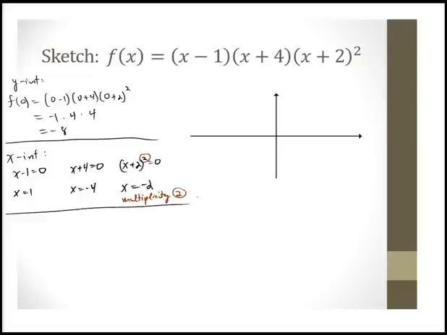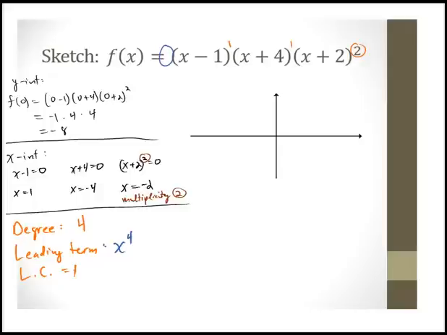The degree. I went a little bit out of order here. I have a degree 1 factor, degree 1 factor, and a degree 2 factor. So the degree is 4. 1 plus 1 plus 2 is 4. Leading coefficient. Well, a leading term, since I don't see any number out here, the leading term would be x to the 4th, which means the leading coefficient is 1.